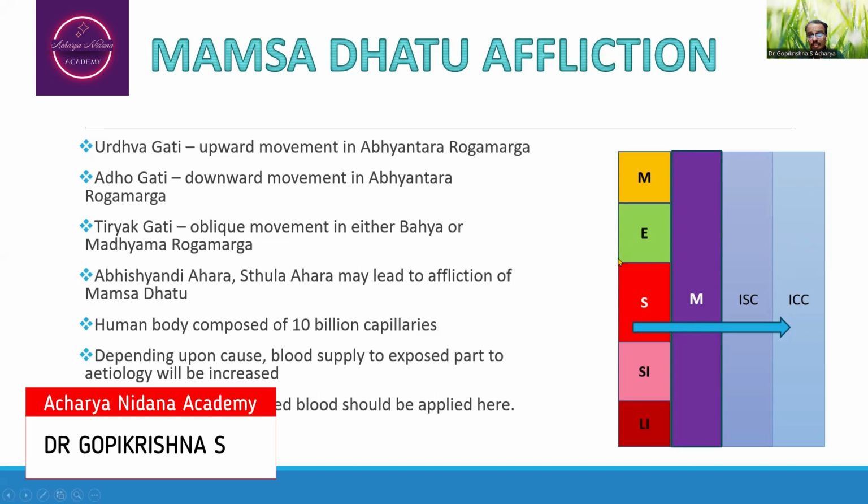So how can these particular pathogenic events take place? We know that the human body is composed of almost 10 billion capillaries. Depending upon the etiological factor, the blood is going to get channelized, wherein all the pathogenic events are going to get triggered.